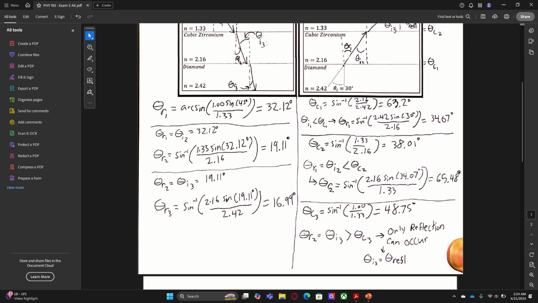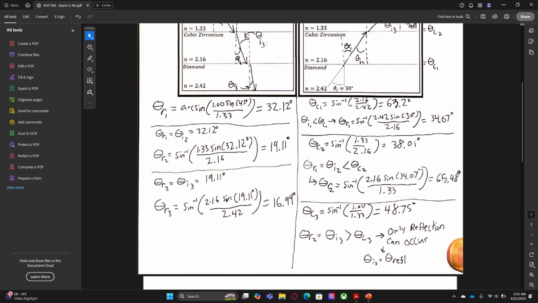We know that theta R2, our refracted angle off of the second layer, equals the incident angle in the third layer. And that equals 65 degrees. And that is greater than theta C3, or our critical angle of 48 degrees.